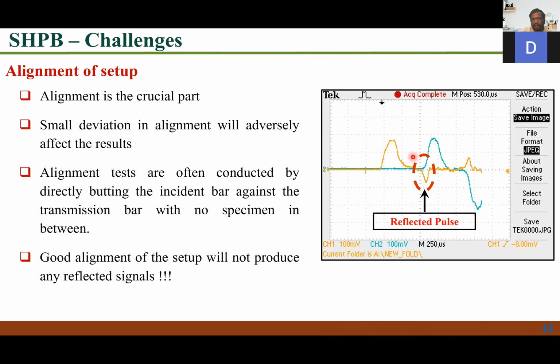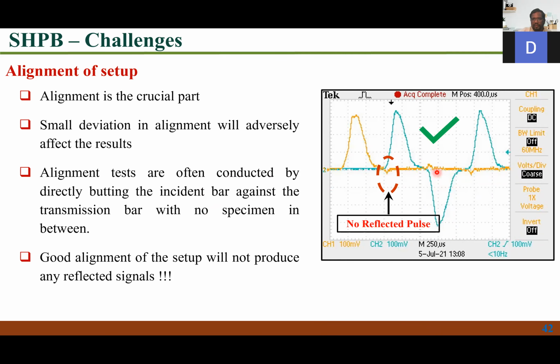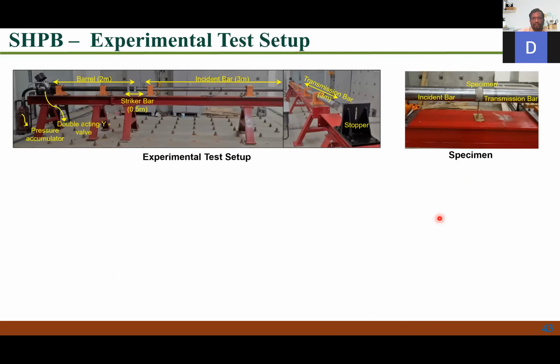Here you can see this is your incident pulse, and this is your transmitted pulse. If you have good alignment without any specimen, you will not get any reflected pulse. If you are getting a reflected pulse, your alignment is not good, so we need to adjust it. For example, this one doesn't have any reflected pulse. You get only the incident and transmitted pulse, so that means it's very good.